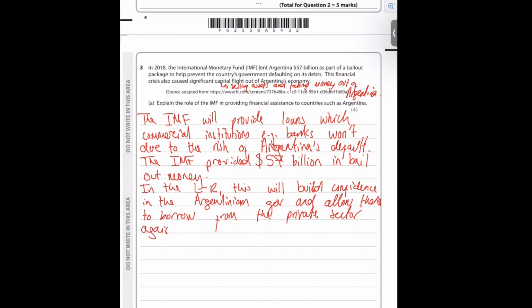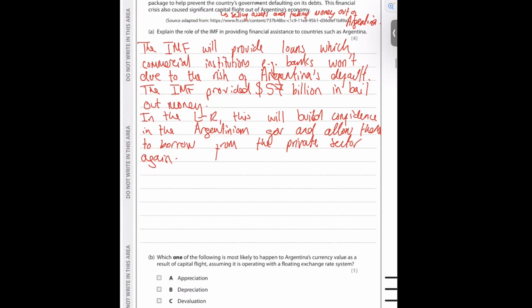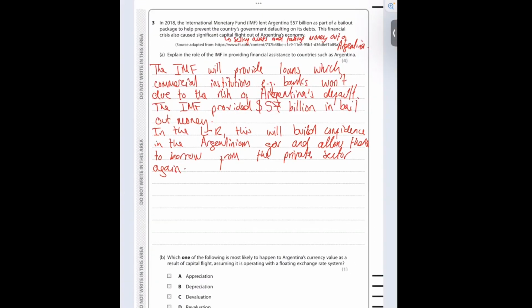That is, if commercial institutions are not saying, no way, we're not lending you any money because you keep almost defaulting on all the loans that we give to you, and it's not worth the risk.